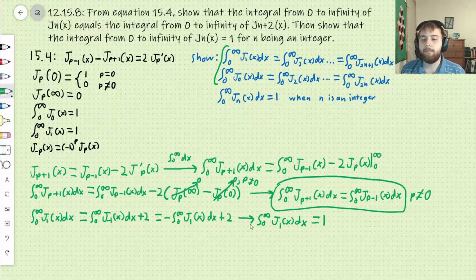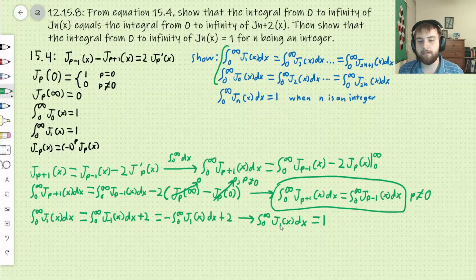Now, we already had this fact here, but by doing this, we just essentially found a new way to derive it. So that means that if we put p equals 2 in there, then we have the integral from 0 to infinity of the first order Bessel function is equal to the third order integral and all that.